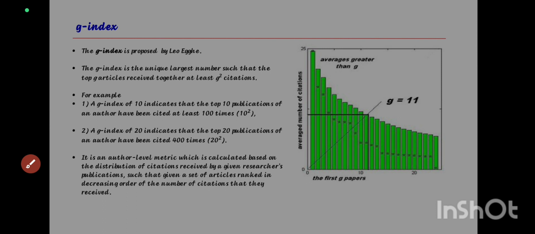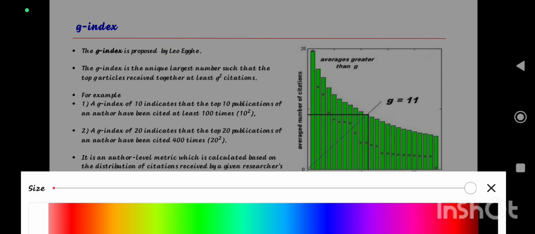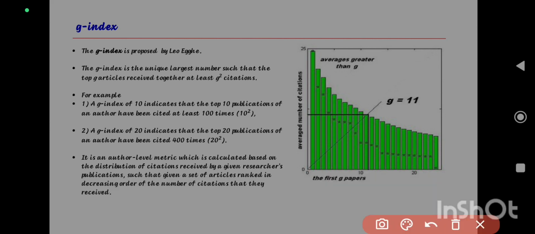G index. So what is G index? It is proposed by a scientist named Leo Egghe. It is the unique largest number such that the top G articles received together at least G square citations. Means if the top 10 articles are there, they must have 10 square citations.